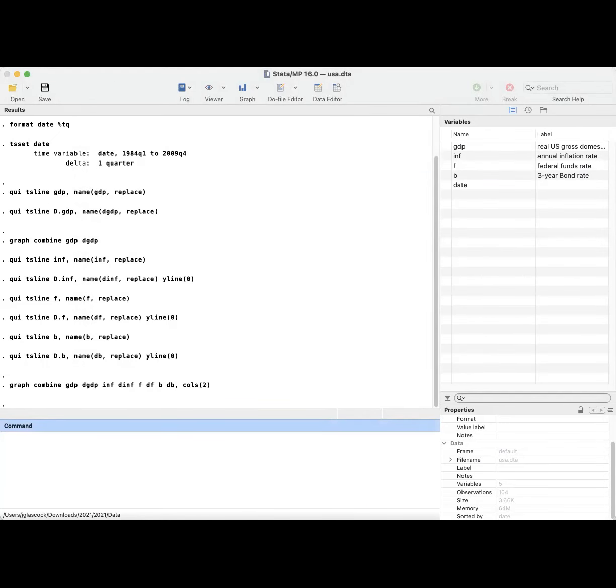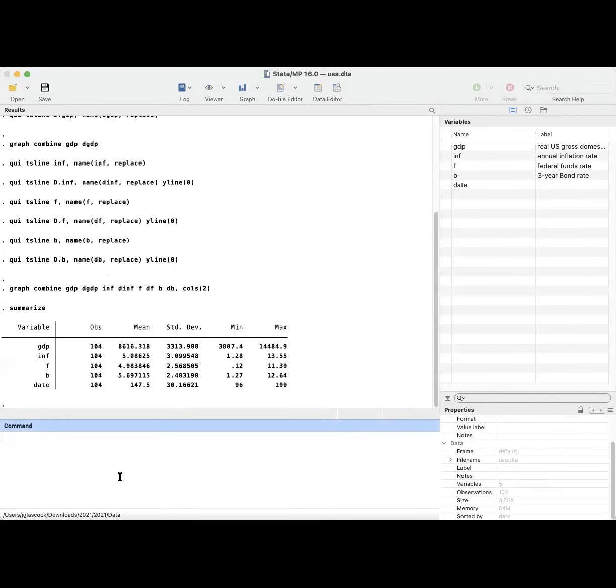How about the statistics? If we want to generate descriptive statistics for the whole data set, this is the command: summarize. If you just write summarize and nothing else, it will give descriptive statistics for all the variables that you have.